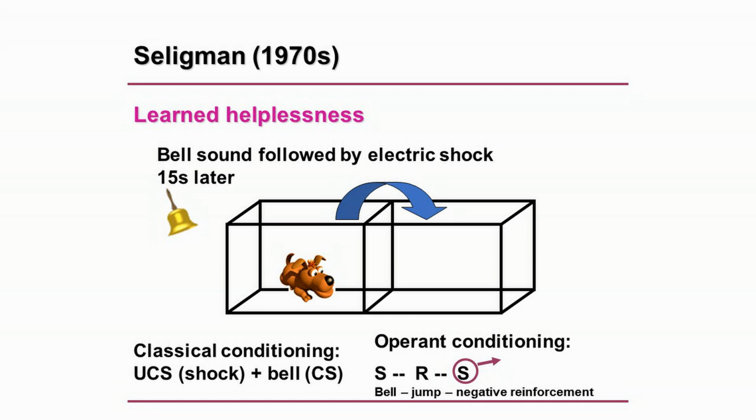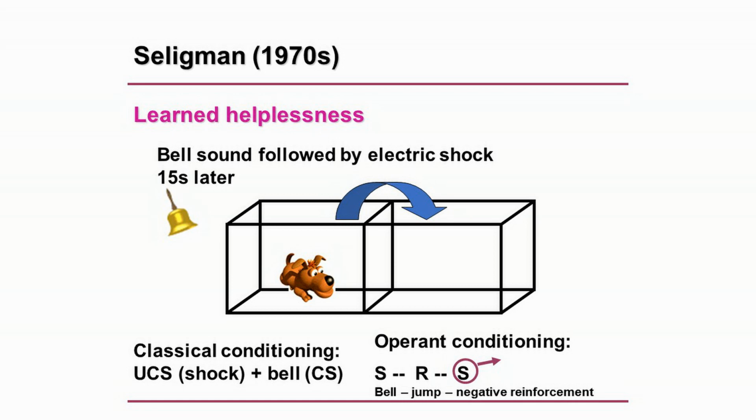Now, Seligman conducted these studies because he was studying learned helplessness. Basically, the animals were harnessed into one side of the shuttle box, and they went through this procedure without actually being able to jump over the barrier.